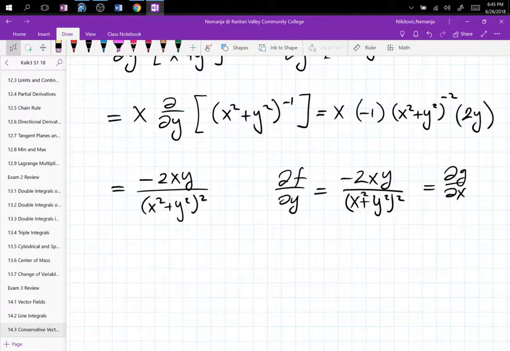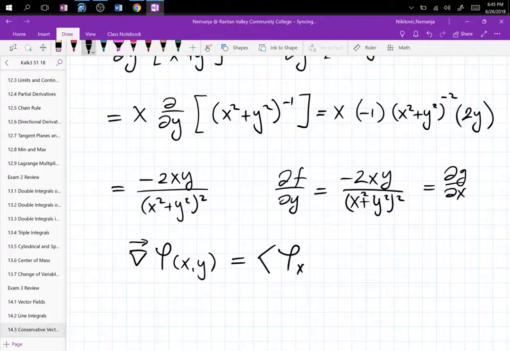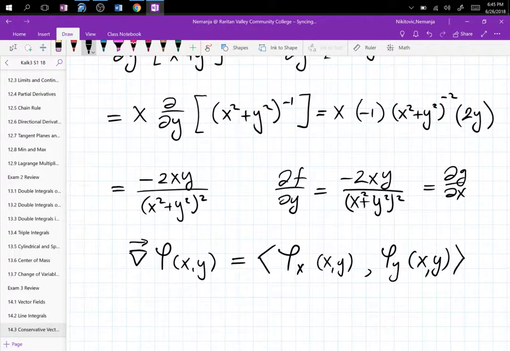So let's write some of the truths that we know so far. If I am to have this potential function phi, which is a function of x and y, and I take the del of that function, I will get the vector that is phi x of xy and phi y of xy. Yes, we're going to find the potential function now. So this is what I have, guys.